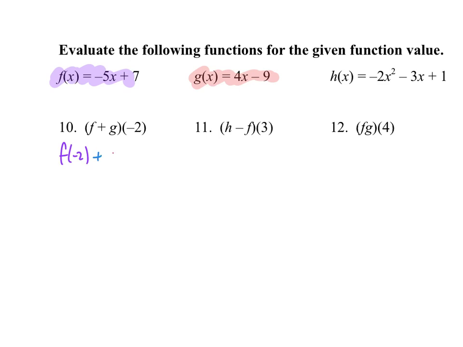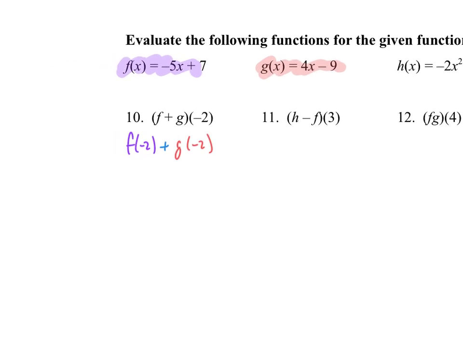I'm going to figure out what f of negative 2 is. So f of negative 2 would be negative 5 times negative 2 plus 7. Negative 5 times negative 2 is positive 10, plus 7.